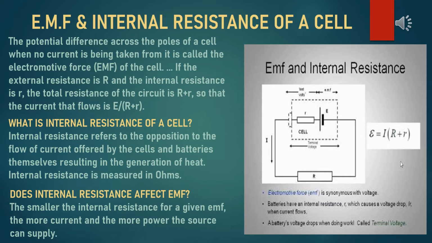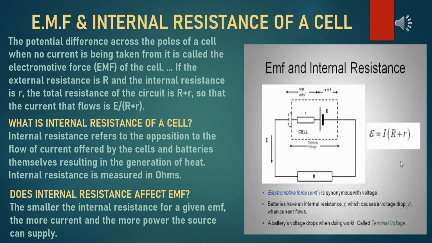That means when we are drawing a circuit, within a battery, that resistance is present, that is small r, and that is internal resistance. And outside the battery, but within the circuit only, there is another resistance, that is capital R.